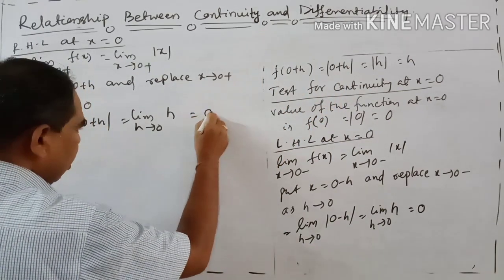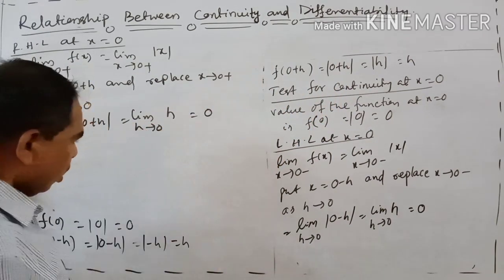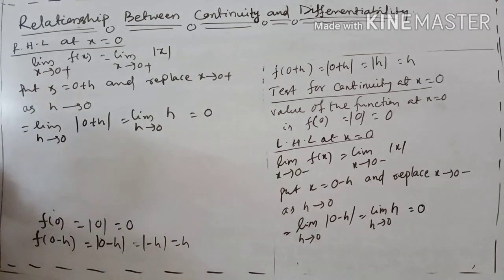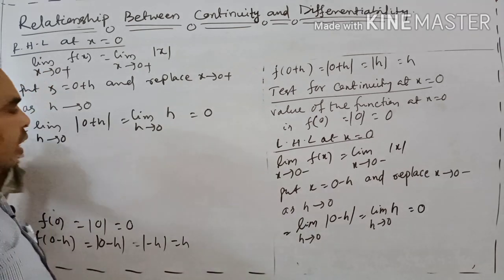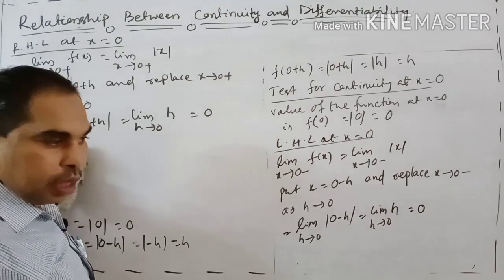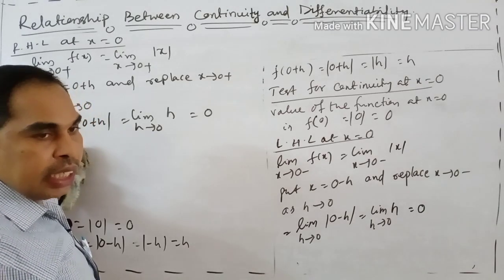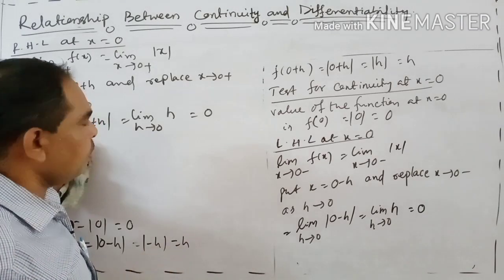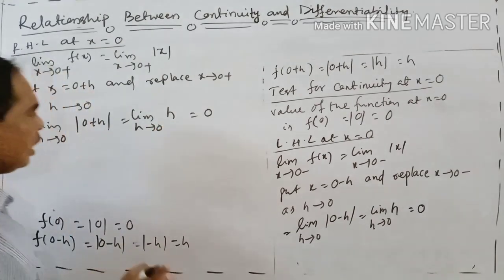So this is also 0. Put h is equal to 0, because if you put h equal to 0, it is not in 0 by 0 form or infinite by infinite form or any indeterminate form. Therefore, put h is equal to 0.